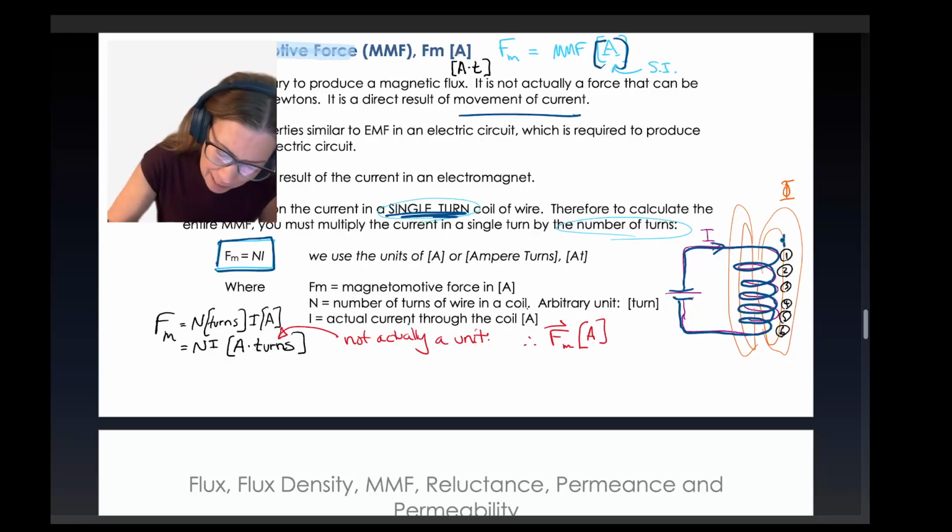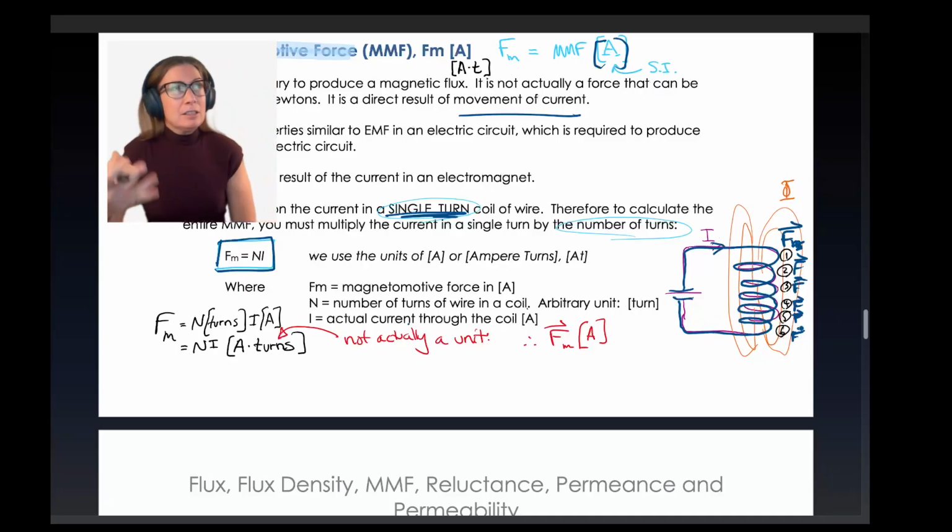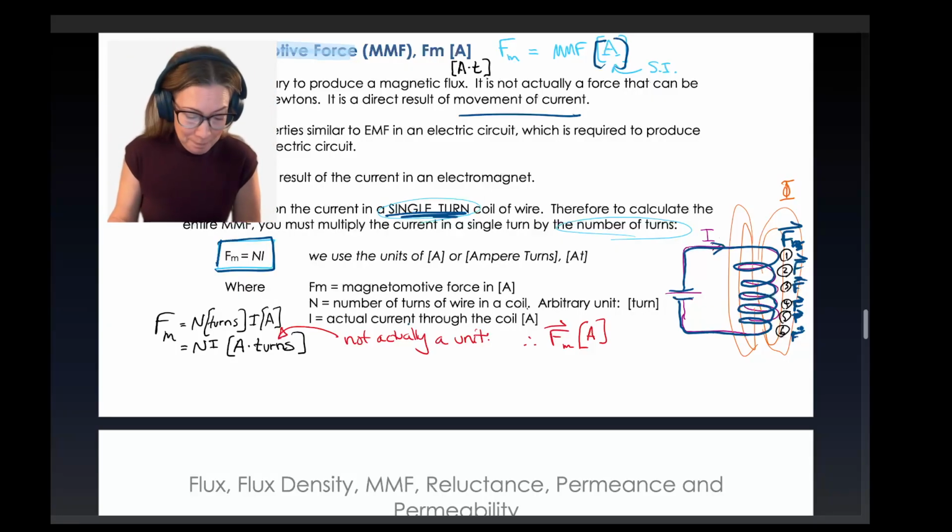So this turn has an F sub M, and this one has a little force, and this one causes a little force, and this one causes a little force. And then it's the little force in each turn times 6 turns. It's from the current in each turn times 6 turns.